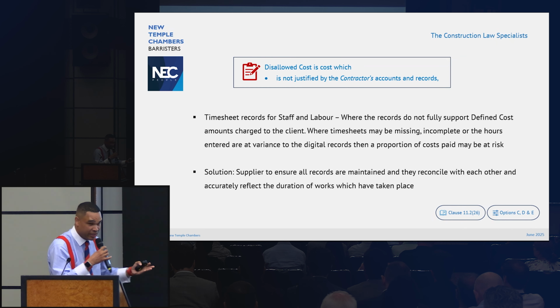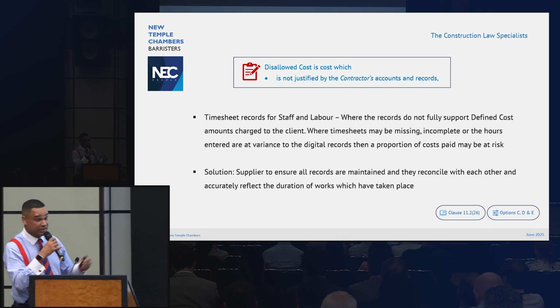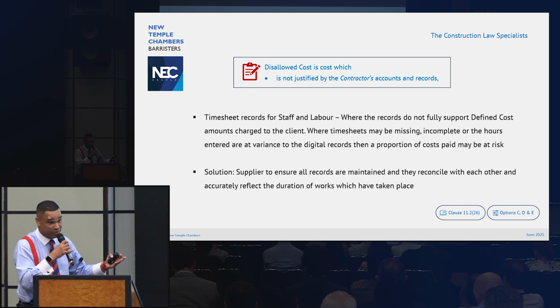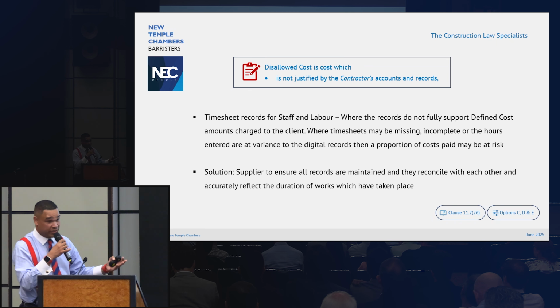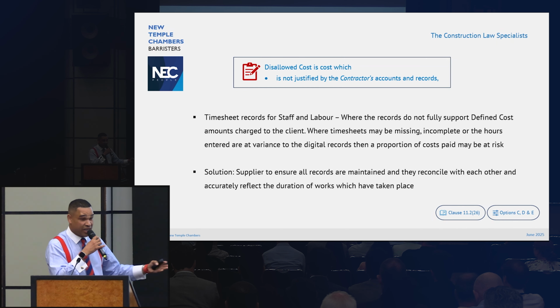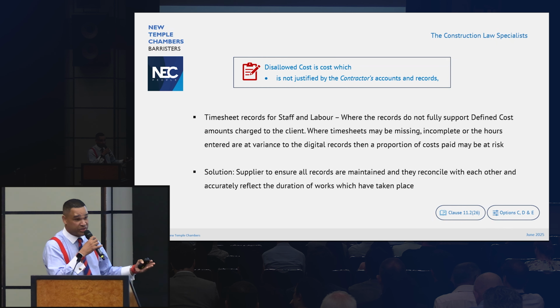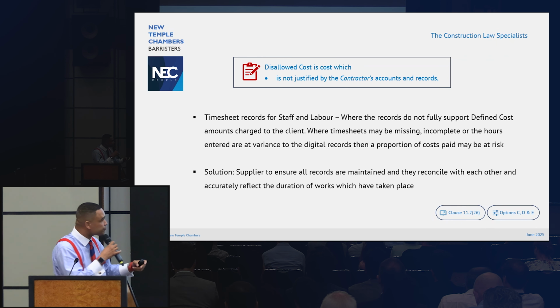I've had situations where you've got a variance between the two and it's over £500,000 between what's been recorded on the systems for those who are allegedly on site compared to what the timesheets produced in substantiation have actually shown.